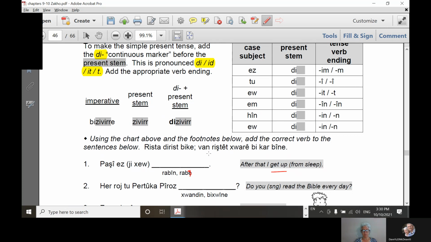So now we've put our formula together. So we have az as our subject. So then we write di in front of the present stem. So here goes our di. And our present stem we determined to be Rob. So you put Rob.